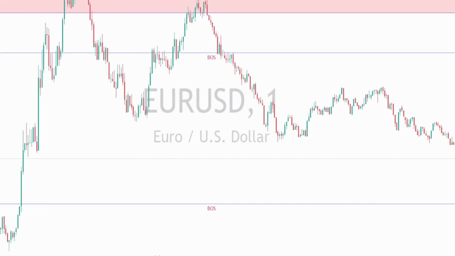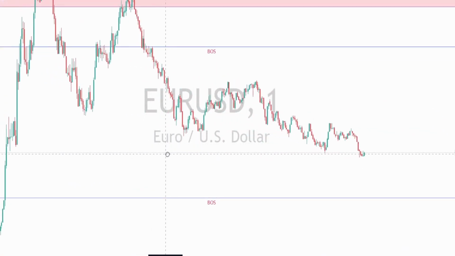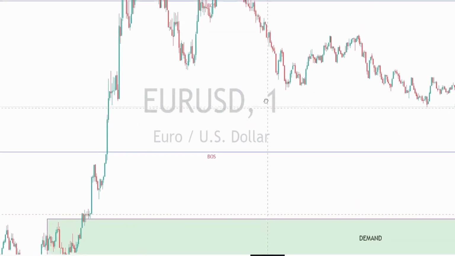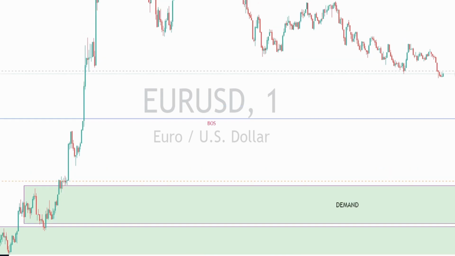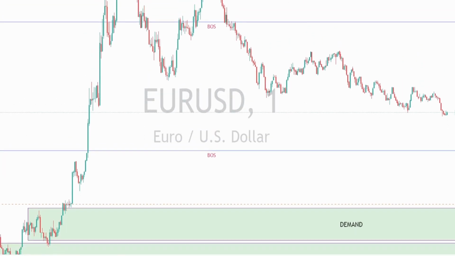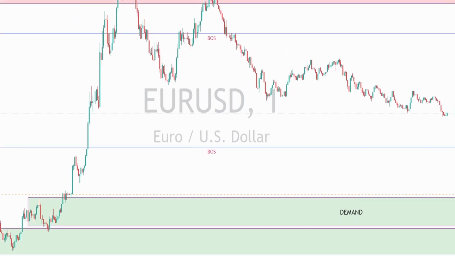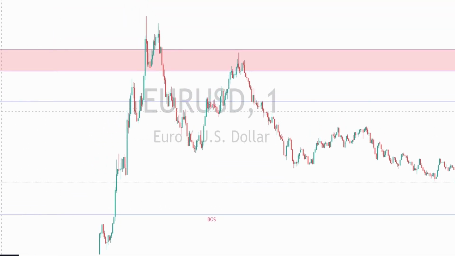Now, with this one, you could see that the trade is still playing out. If I was targeting the demand zone here, this would still be in action. So if I was to get in, oops.